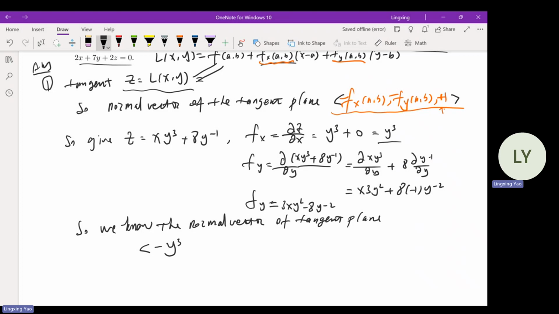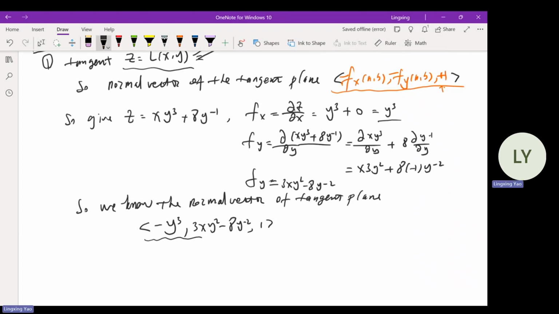We just use the general variable to indicate the choice could be fairly made. And then partial y is 3xy squared minus 8 over y squared. Okay, and positive 1. So this is the normal vector on any part of the graph function, depending on where you choose this x and y, right?